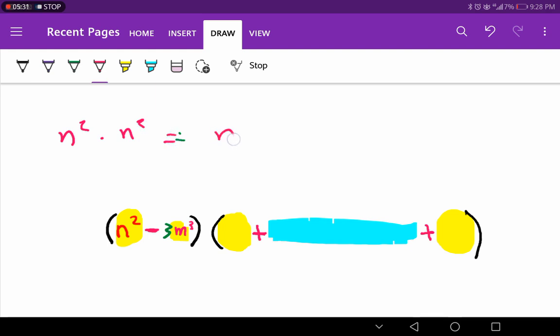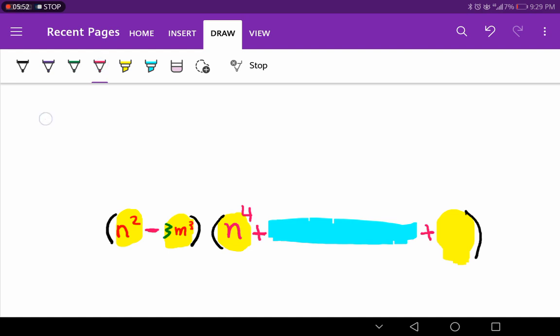And you know, when you multiply something, you add the power, so it gives n with power 4. The last part comes from the second part here. I do what I did in the first part.